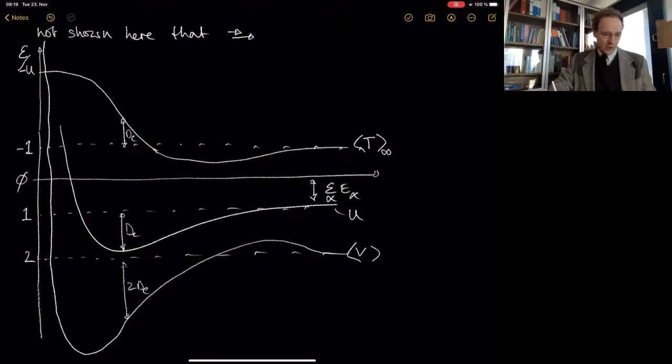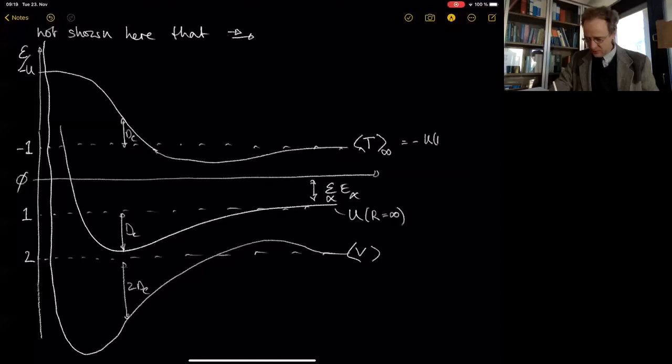We showed yesterday that this is exactly the height of the total energy at the distance being also infinity between the atoms. So this is just the opposite sign, right? So this is minus U at R infinity. And we also saw that this is the same as minus 2 times V tot at infinity.